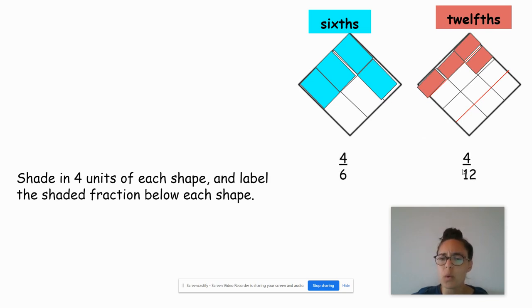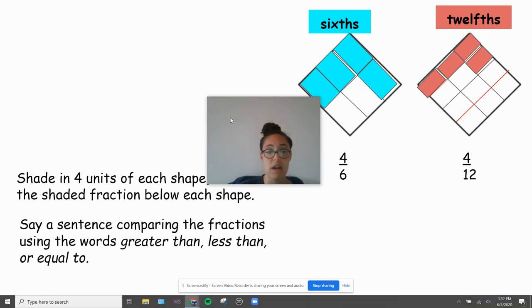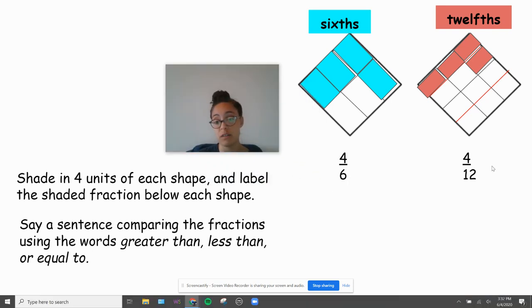Think about which one, just like our pizza, think about, are these the same or are they different? Think about the numerator, the top number, and the denominator, the bottom number. They have the same top number, but the bottoms are different. So let's say we're comparing our fractions using greater than, less than, or equal to.